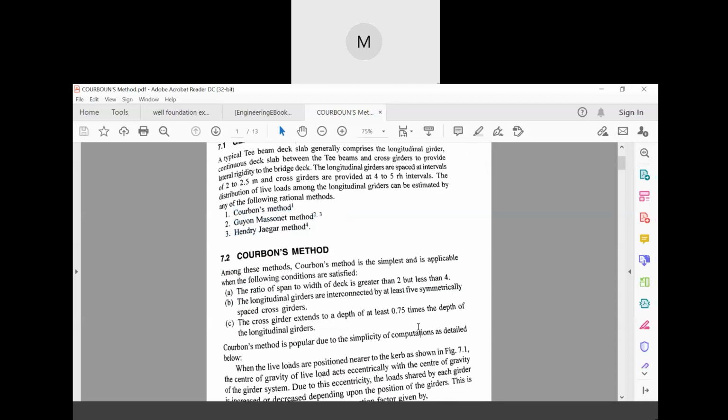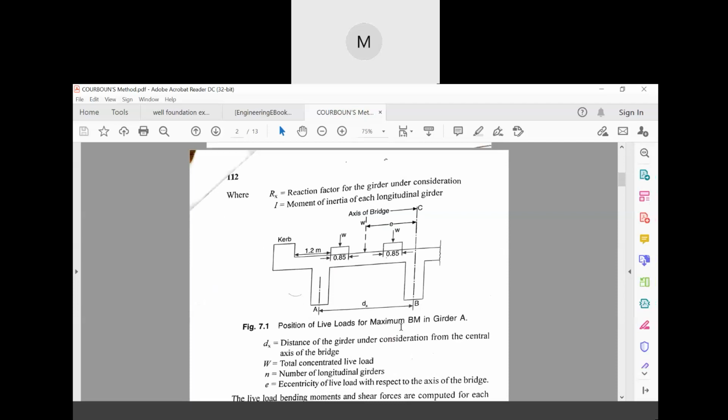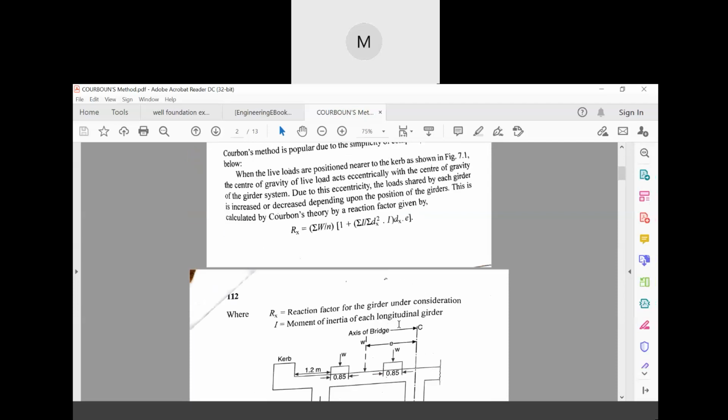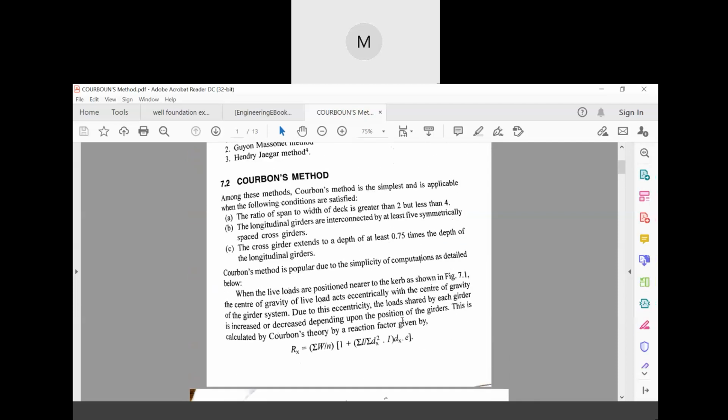Now let us discuss Courbon's method. In Courbon's method, there are certain criteria. The ratio of span to width of deck slab is greater than 2 but less than 4, first of all. Then the longitudinal girders are interconnected by at least 5 symmetrically spaced cross girders.